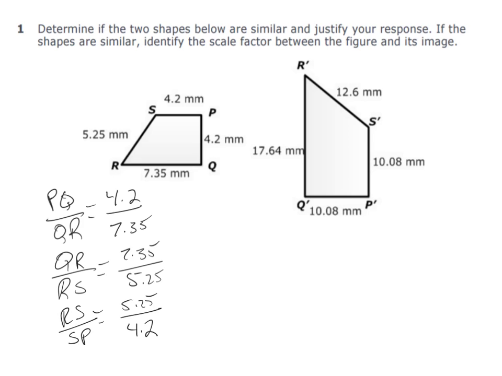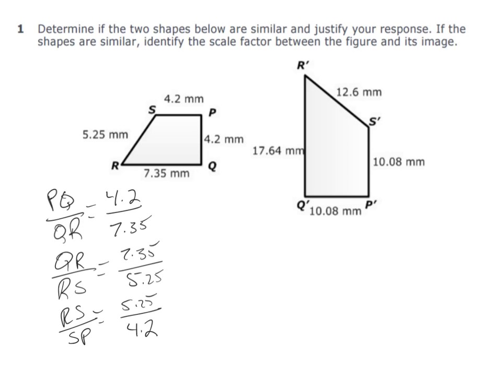All right, so do we have any more? Make sure we got them all. So I started with PQ and QR. Then I went from QR to RS. Then I went from RS to SP.